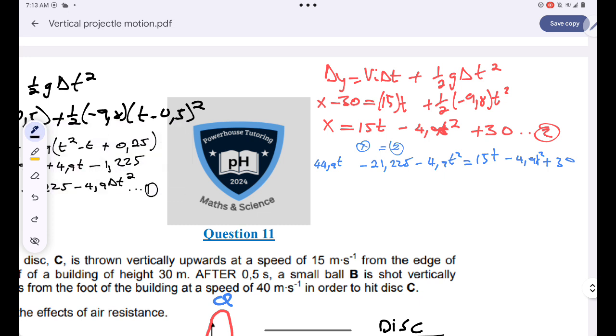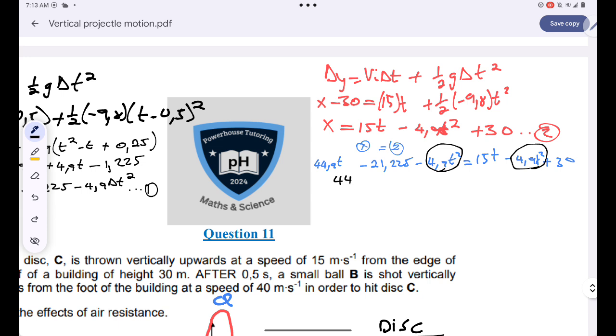I don't even want to continue with them, ne? These two will just subtract one another because they have the same sign and they're on opposite sides. If I take this to the other side, it's about plus, and then they'll subtract. So those will subtract one another, and then let me group like terms.